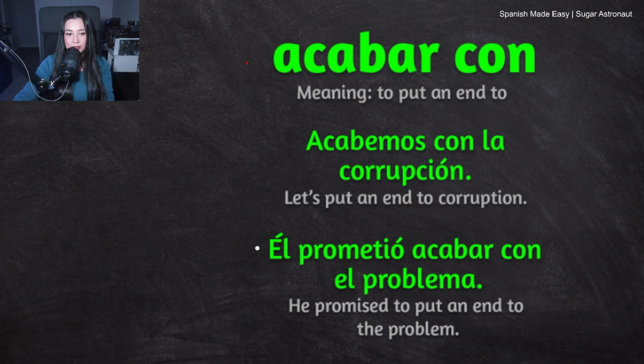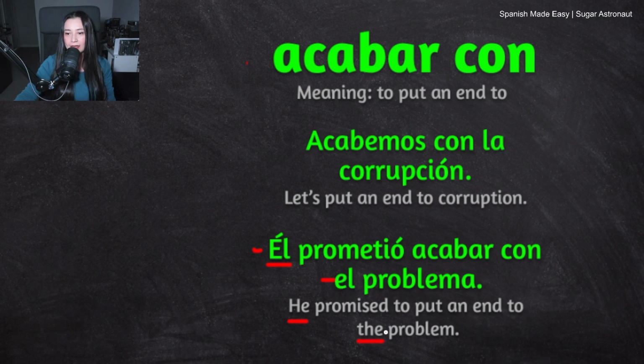We have two el and el, this one and this one. The difference is one has an accent mark, the other one doesn't. The one that has an accent mark, él, same pronunciation by the way, with or without the accent mark, same thing, same pronunciation. The meaning changes though. Él means he, and the other el means the.